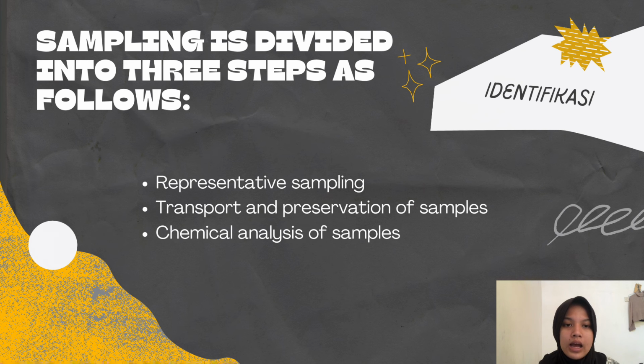Number one, representative sampling. Number two is transport and preservation of samples. Number three is chemical analysis of the sample, or the test parameter can be a physical or chemical parameter or both.